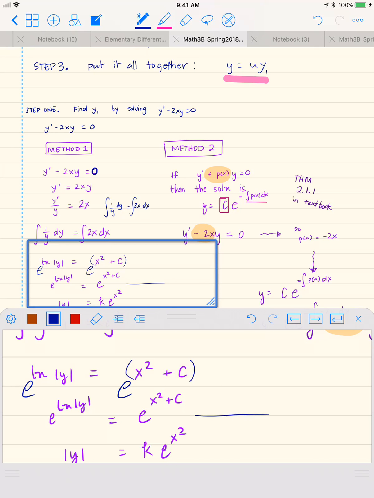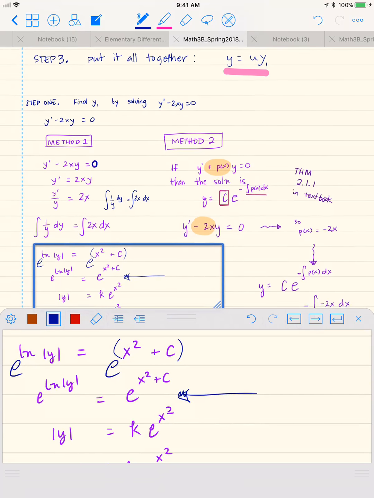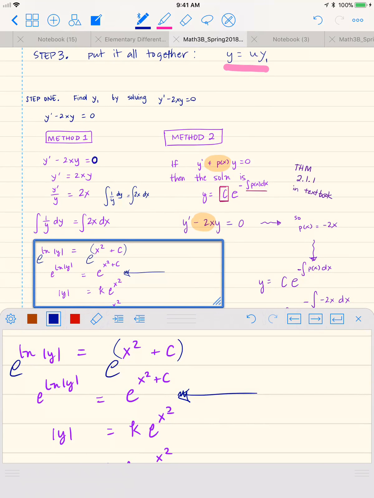That's what we have in this line right here. Of course, exponentiation and logs are inverse operations, and they cancel each other out. So we're left with just the absolute value of y equals k times e to the x squared.